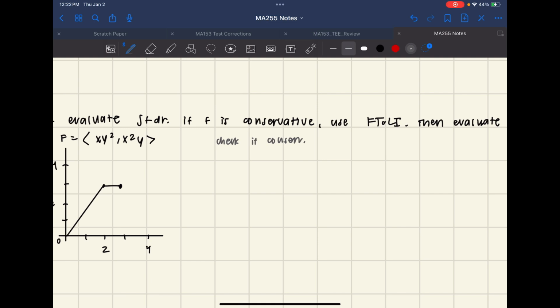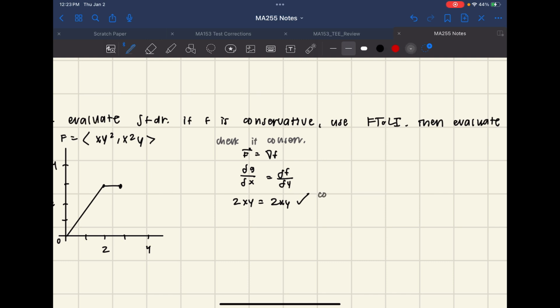And recall that it means that f is equal to the gradient. So we have to find the partial derivatives of g with respect to x, and then of f with respect to y. Based off that, we get 2xy, which is equal to 2xy, which is true.